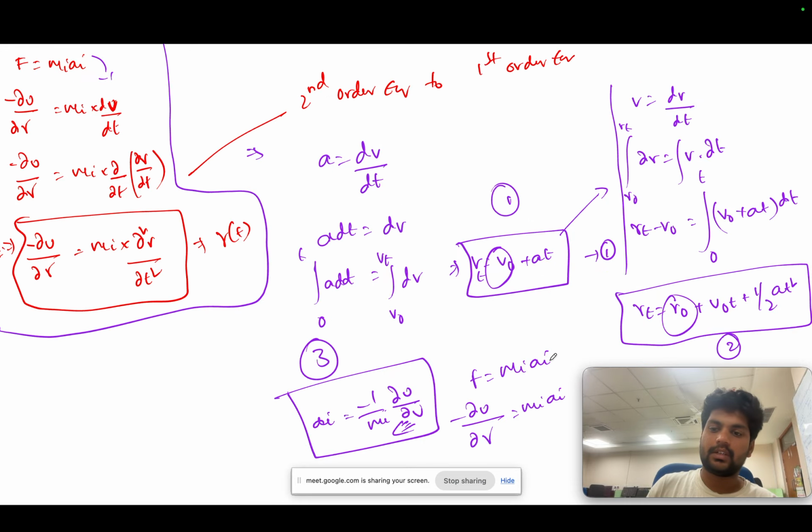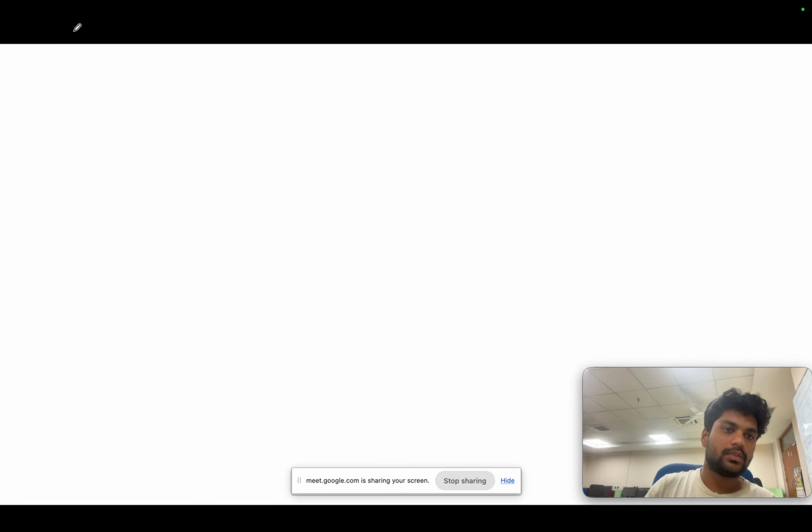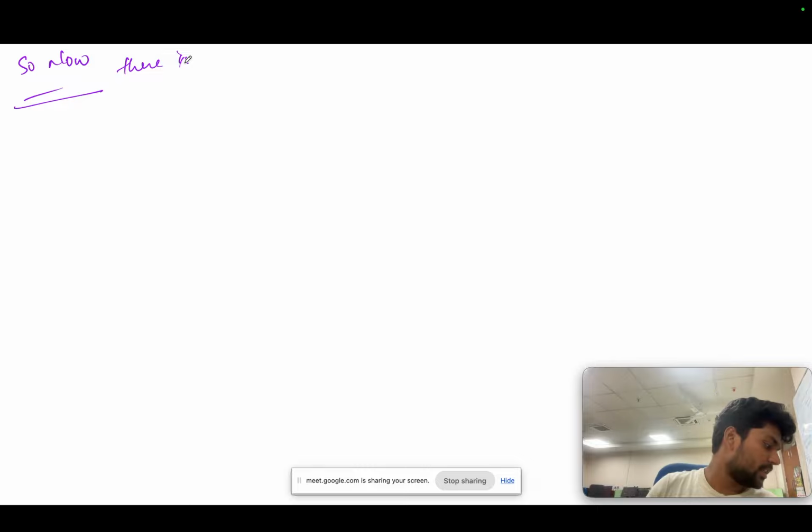Now how to get RT? There are different scientists who have developed algorithms to find out R of t plus delta t.